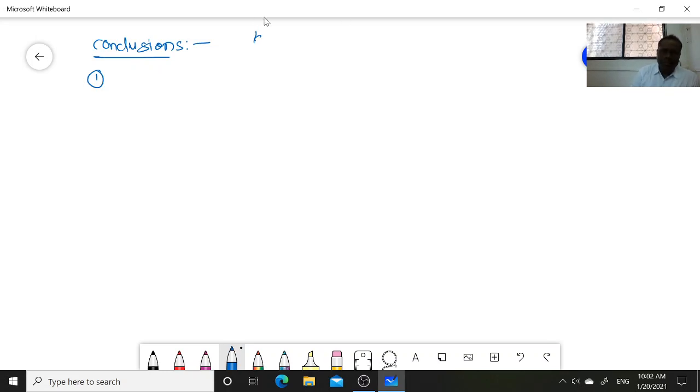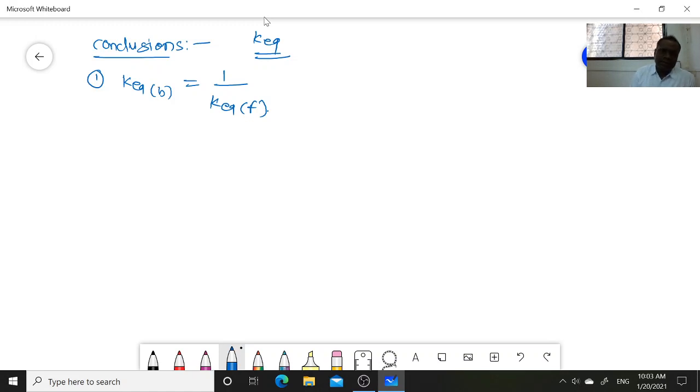Equilibrium constant is written as K equilibrium. We all know that, right? Now, the number one conclusion: the equilibrium constant for the backward reaction is equal to the reciprocal of the equilibrium constant for the forward reaction.